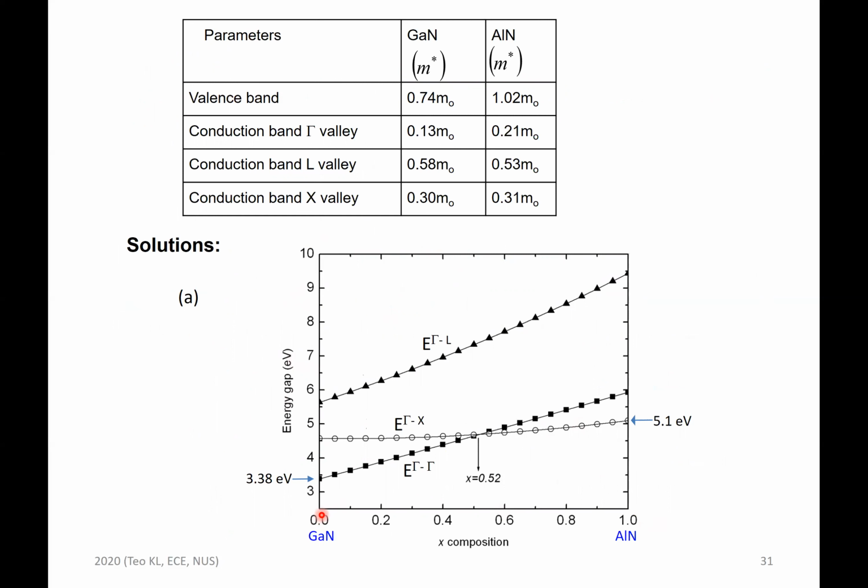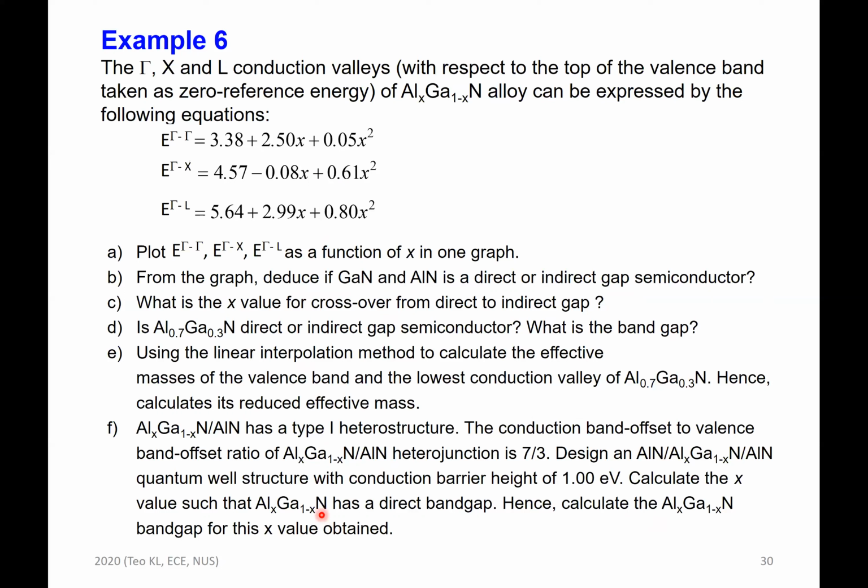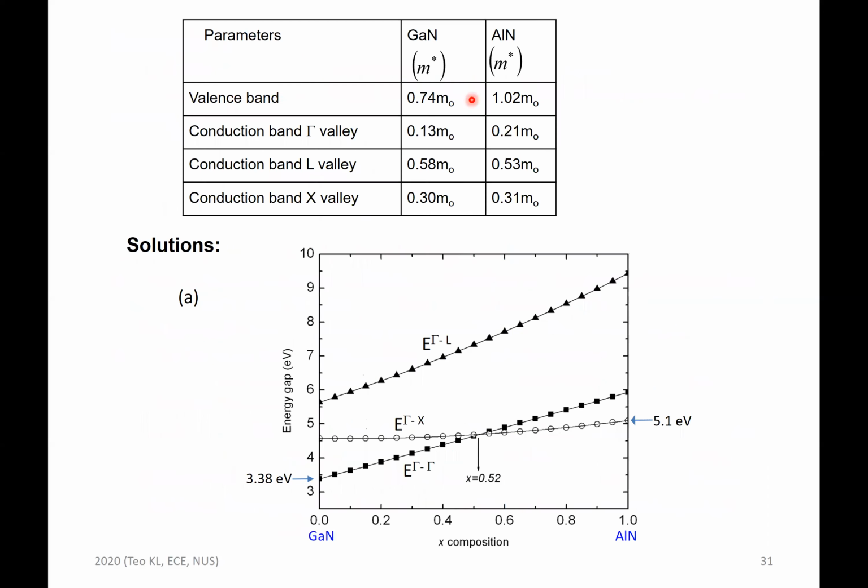X goes to 0. If x goes to 0, there's no aluminium, so it's gallium nitride. X goes to 1, at the other end, is aluminium nitride. So this is the graph, quadratic equation for E gamma gamma.